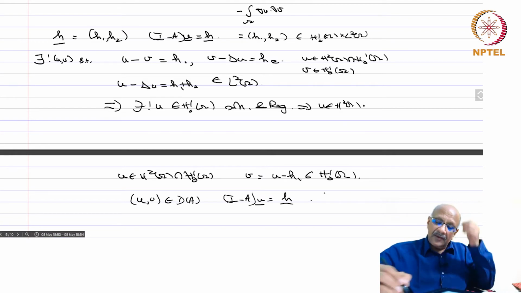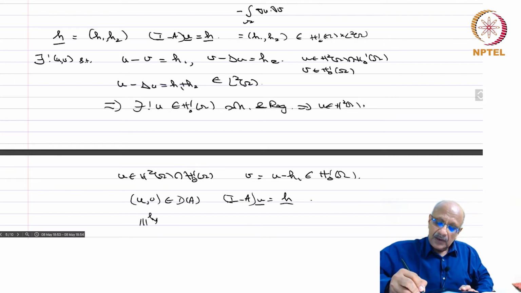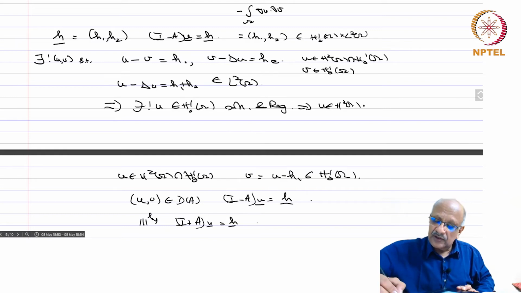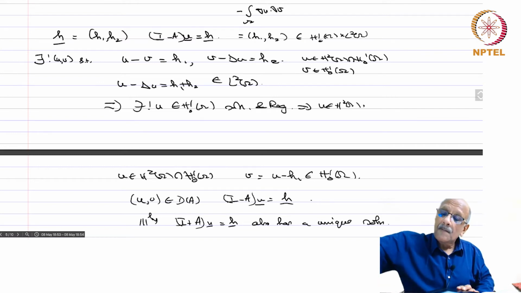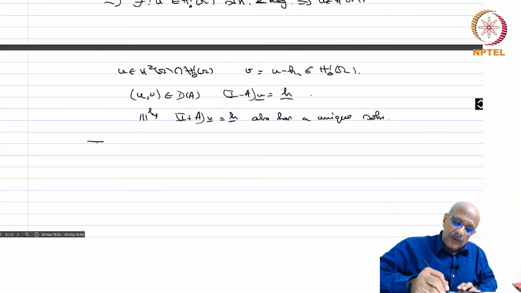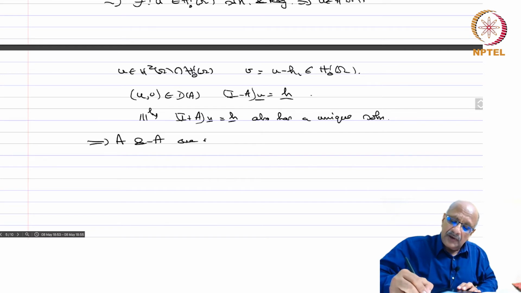Okay, and similarly (I + A)u equal to h, you can check this, also has a unique solution. So this means that A and −A are maximal dissipative.